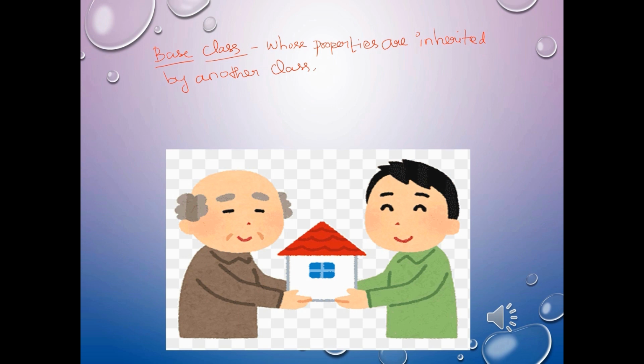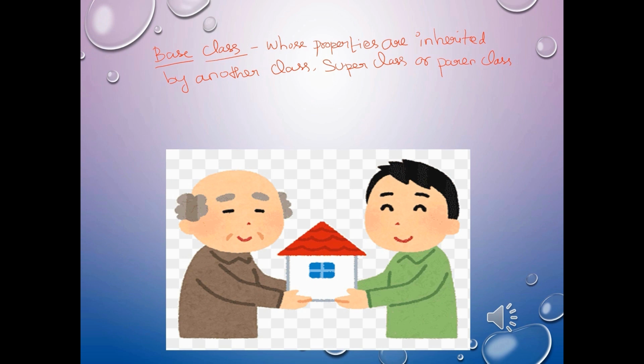Base class will have some properties, and those base class properties will be inherited by another class. This is known as base class. Another name for a base class is superclass or parent class. This is about base class.